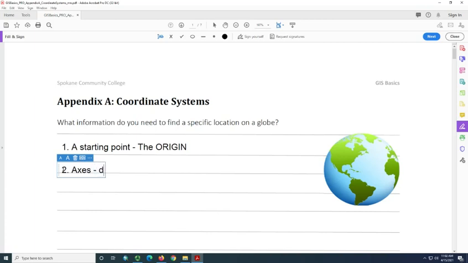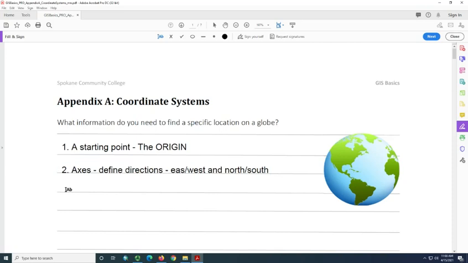They define directions. For us, we have east, west, and north, south, because that's how we typically break up directions on our planet.